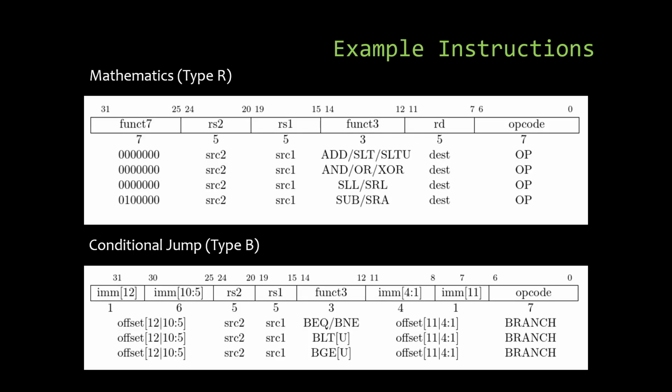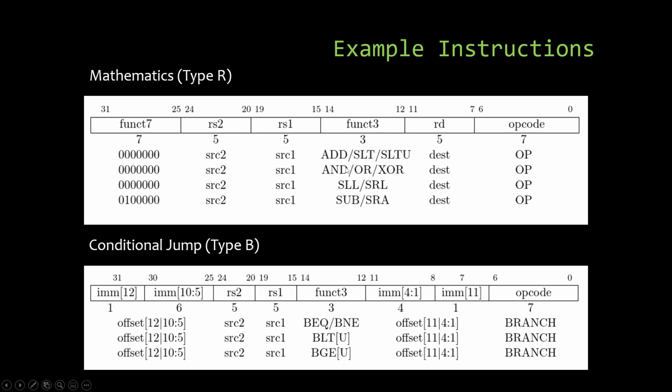So, some example instructions. We have our mathematics here, which is type R, and our conditional jump here, which is type B. Now, as you can see with the type R, the funct3 value here has a list of values, different types of instructions you can use for the opcode. You've got add, subtract, and shift operations, which essentially move the value left or right because they're binary values.